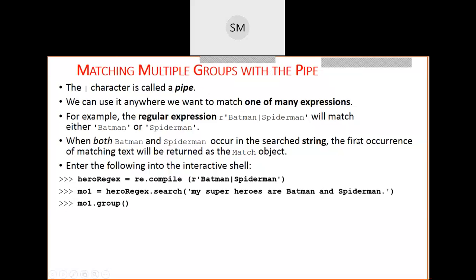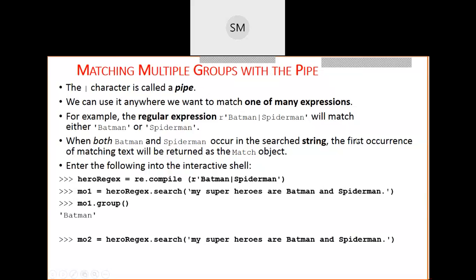So here the output will be like this. mo1.group is Batman. For mo2, on my superheroes are Batman and Spider-Man again, mo2 is Spider-Man, because the first was already completed. Now the second match will be Spider-Man. This is how multiple groups will be matched with the pipe.